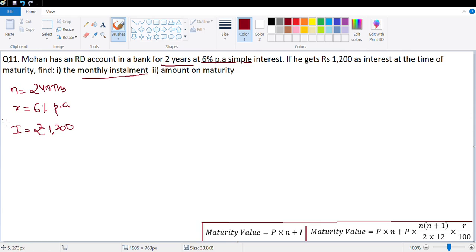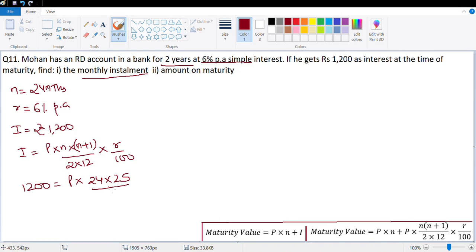So what we know is I is equal to P into N plus 1 upon 2 into 12 multiplied with R upon 100. So I is 1200, P we do not know, N is 24, N plus 1 would be 25 upon 2 into 12 into R, that's 6 upon 100.